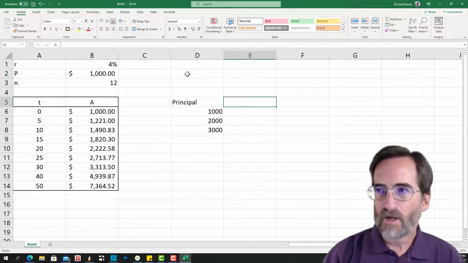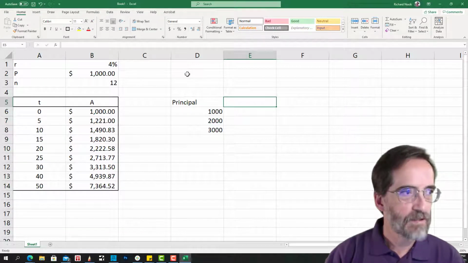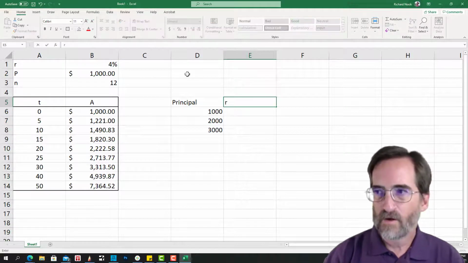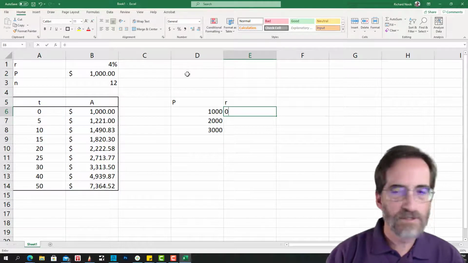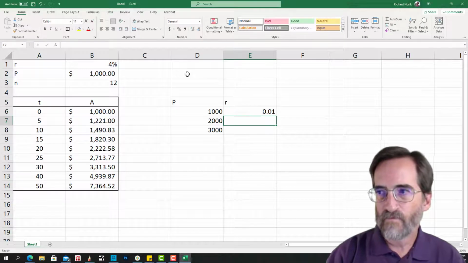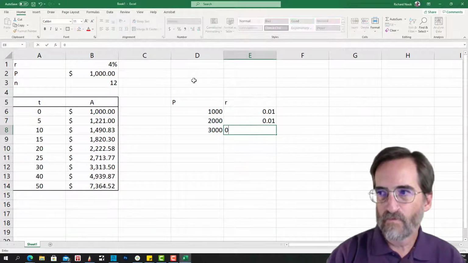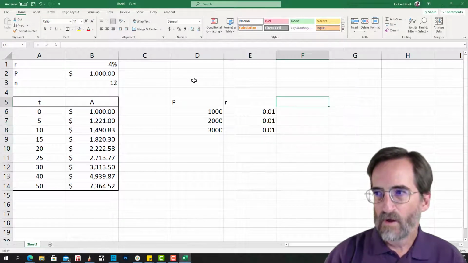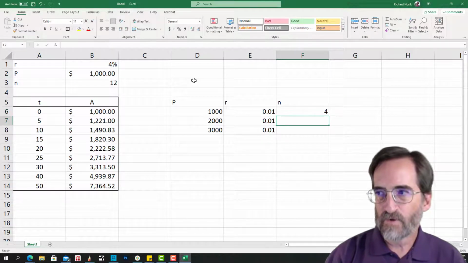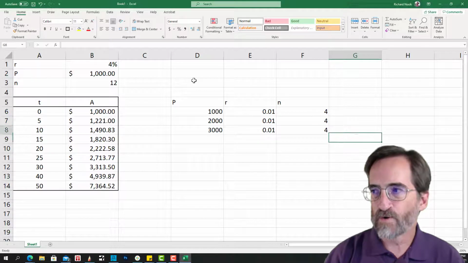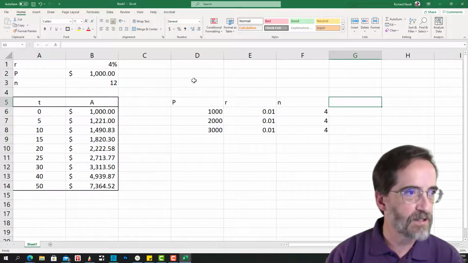I'm just going to do P and R. My interest rate is going to be 1%. And my compound frequency is going to be 4. This is known as quarterly, so 4 times a year they calculate interest.